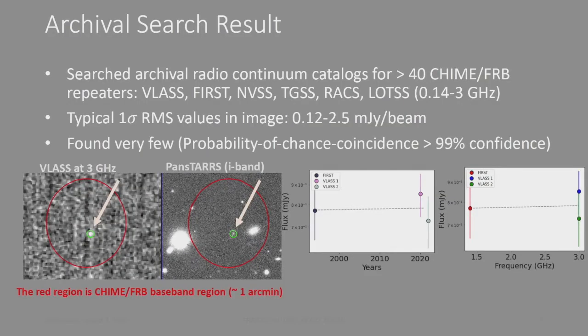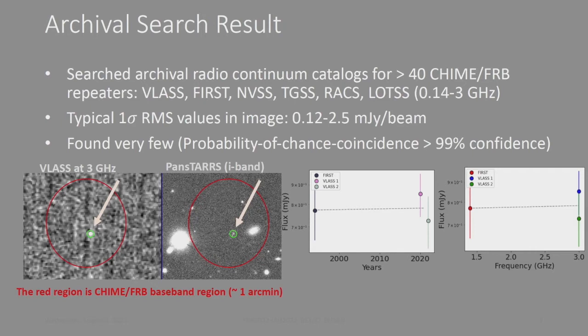So for the archival search, we cross-matched more than 40 FRB repeaters with public catalogs, in particular VLASS being the most sensitive one, where we have a 1 sigma RMS noise value of 0.12 millijansky per beam. Here we found very few radio sources in the field, with a probability of chance coincidence more than 99%.